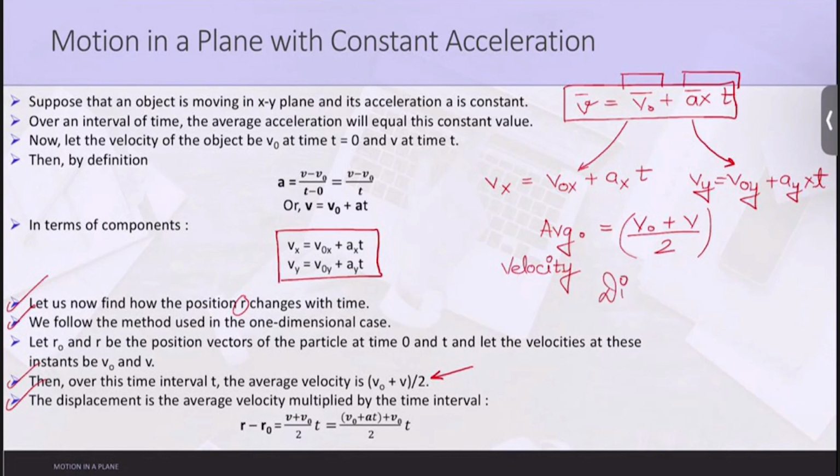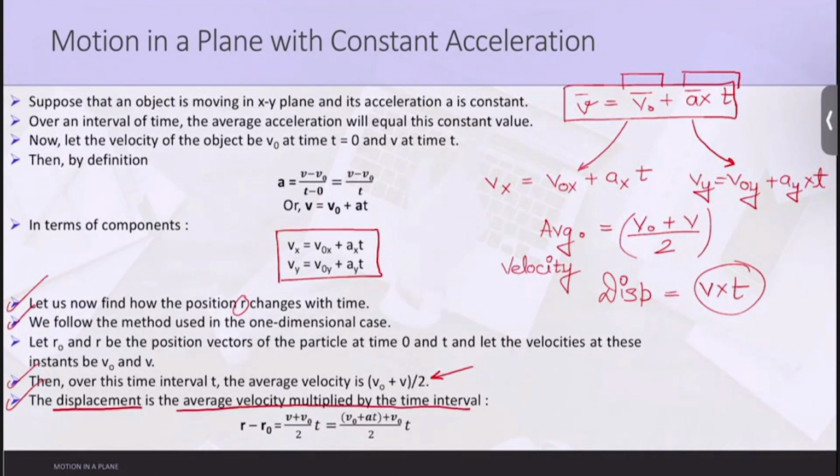We know that displacement is velocity into time. So the complete displacement over the entire time interval is the average velocity multiplied by time.